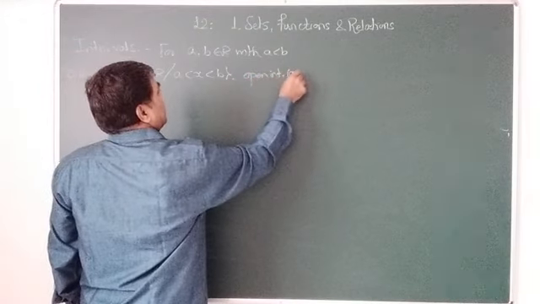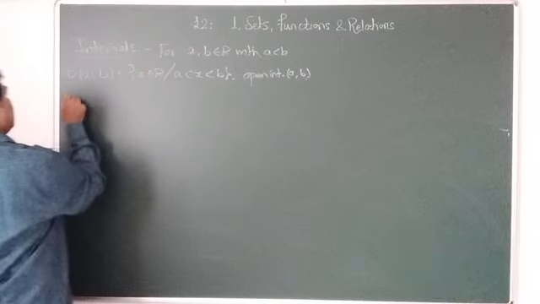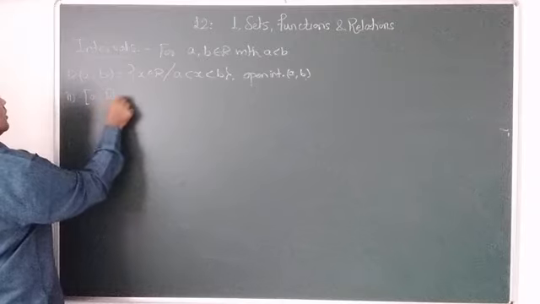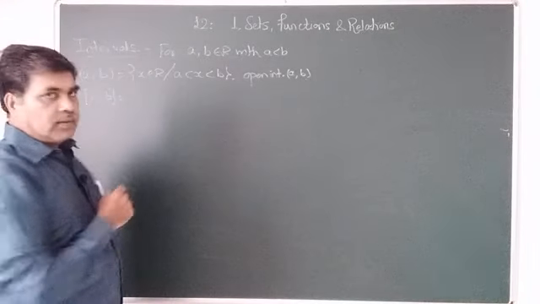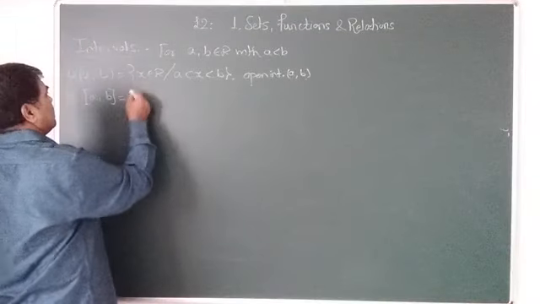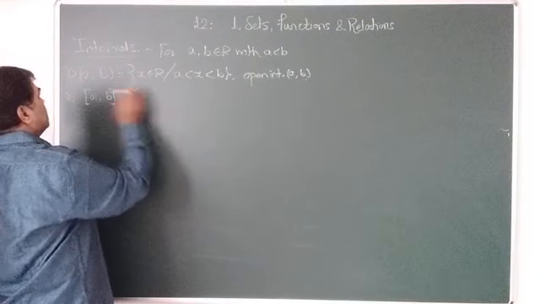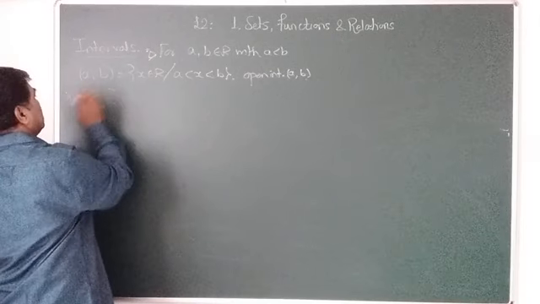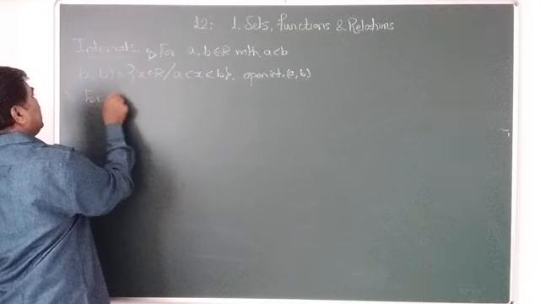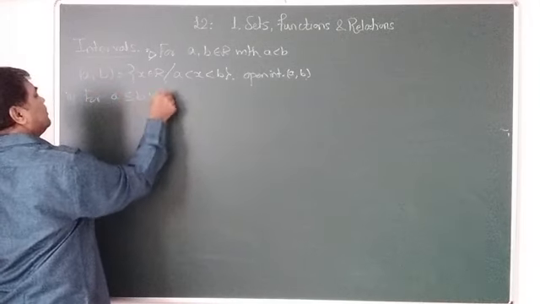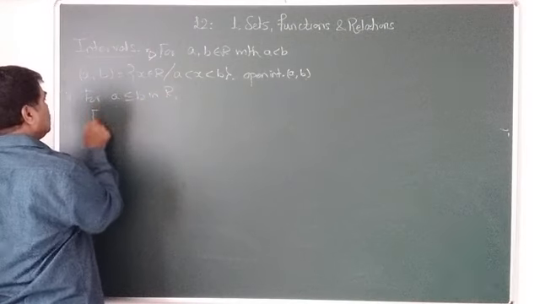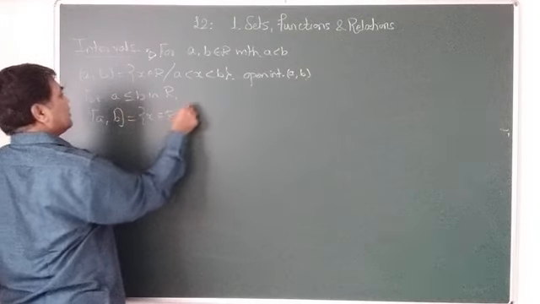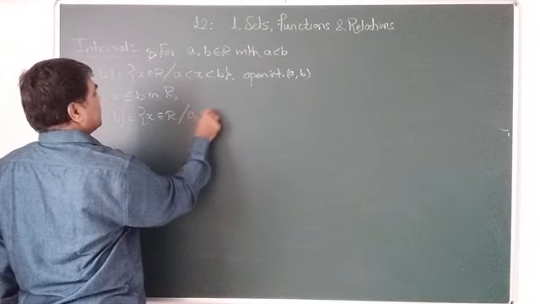Second, the closed interval. So firstly I took the open interval. Second, for a less than or equal to b in R, the closed interval [a, b] is equal to the set of x belonging to R such that a less than or equal to x less than or equal to b.